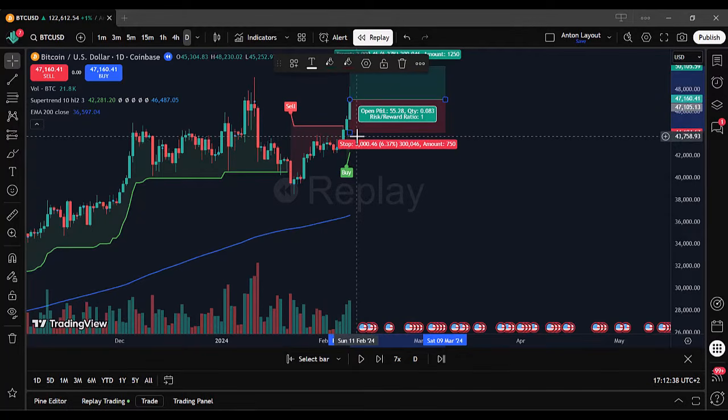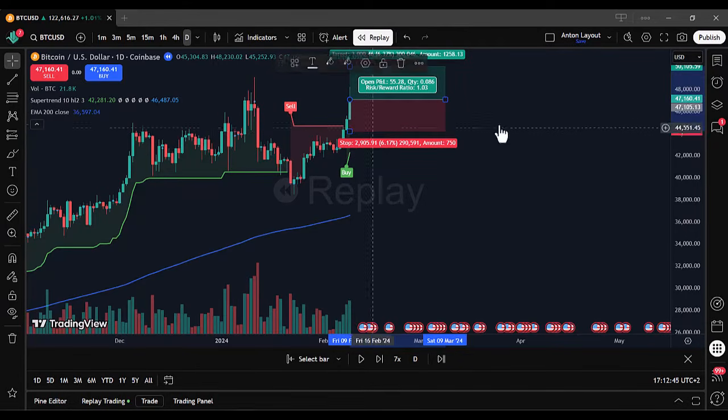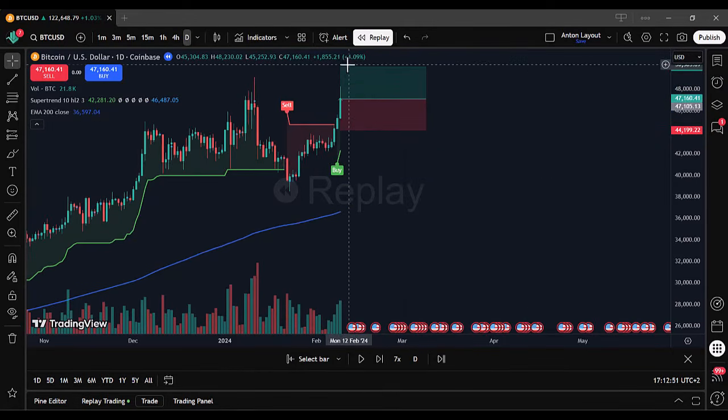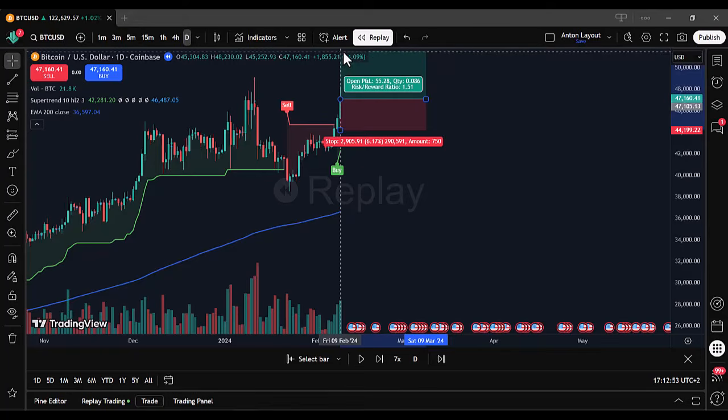Always take the close of the previous candle as the stop loss, and move this one above to take a profit at a 1.5. And guys, let's see what plays out.